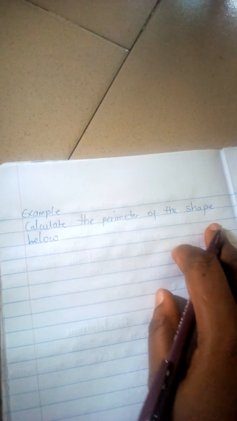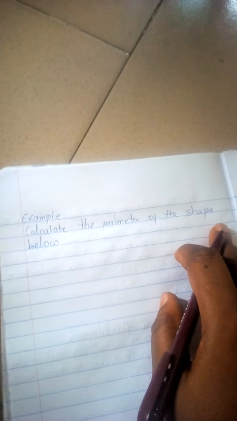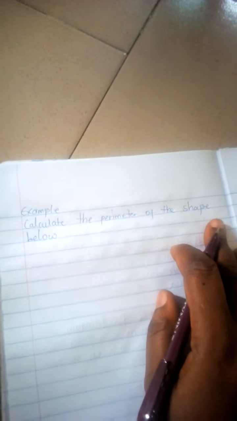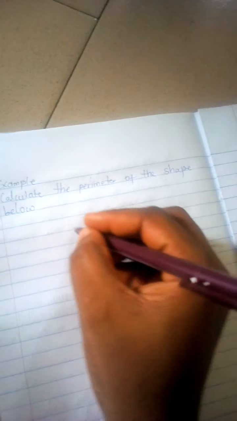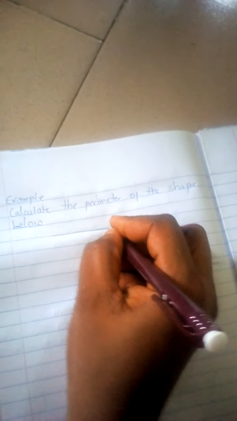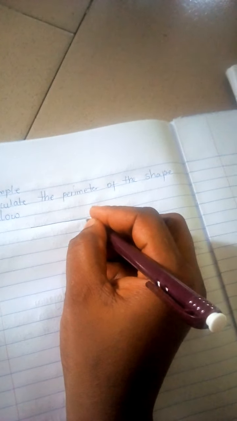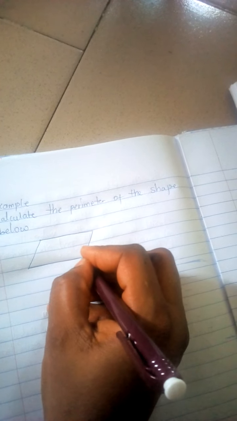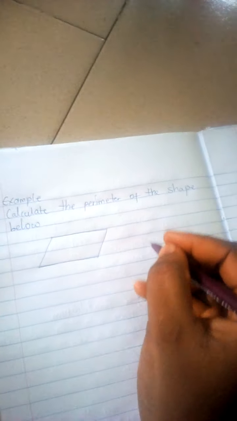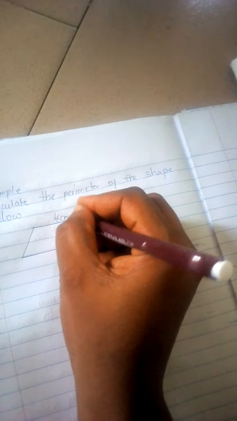You can just put it in the sentence without giving you any shape. They can give you the length and the breadth, then you have to calculate it. It mustn't be a shape. Okay, all right, so that's the shape of a parallelogram. The side here is 4 cm, the side here is 2 cm.